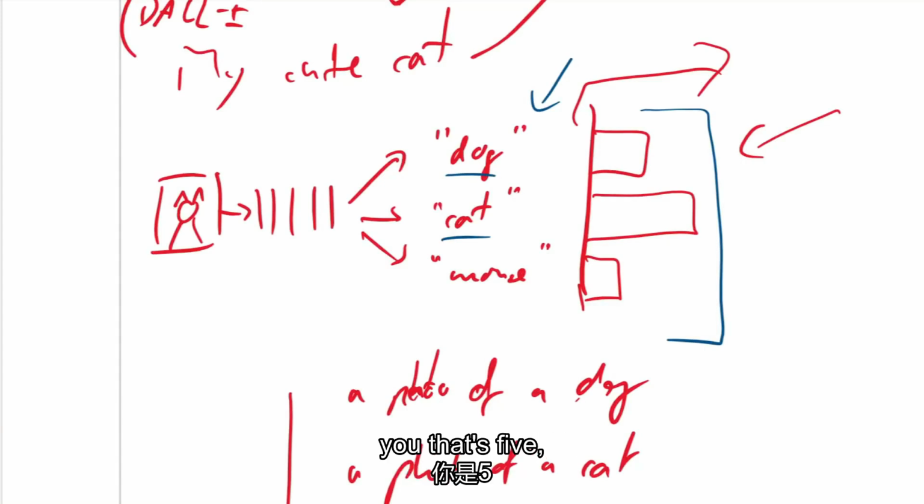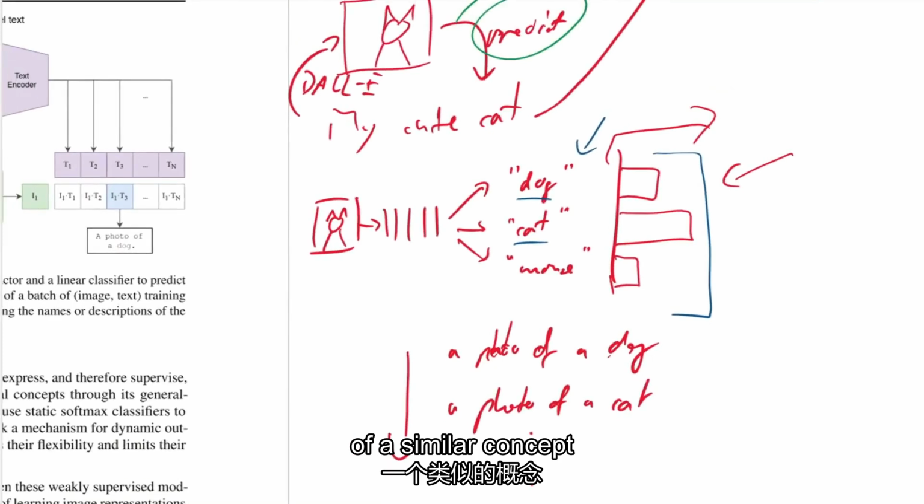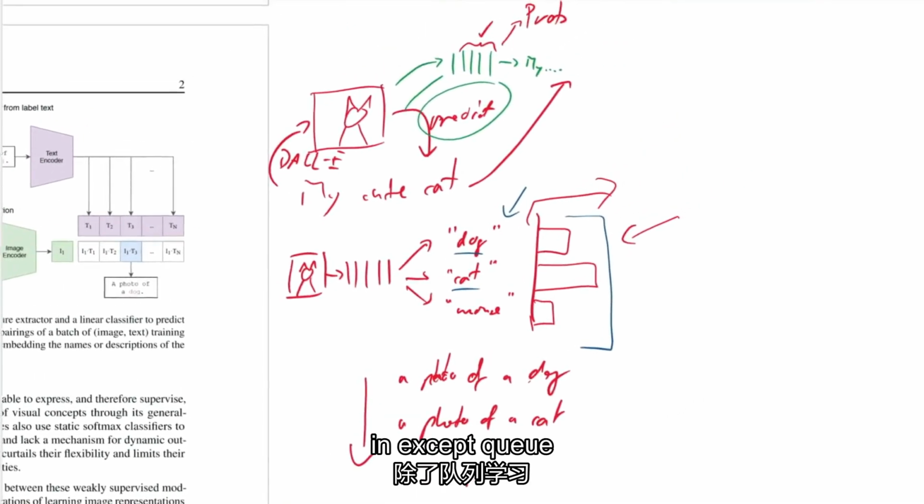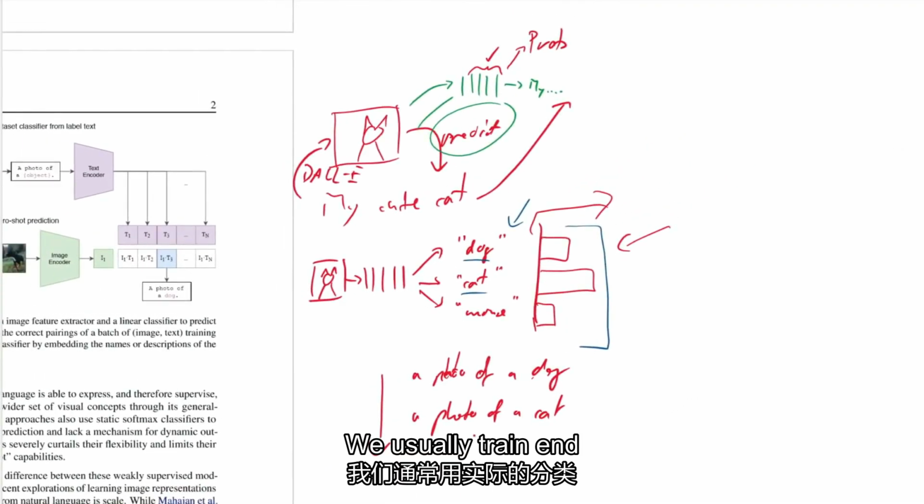And the model tells you, well, that's 5 good, probably. Your Q value is 5. And then you ask, well, what if I do action 2? And the model says, well, that's 7 good, and so on. So it's a similar concept, except in Q learning we usually train end to end with an actual classifier.